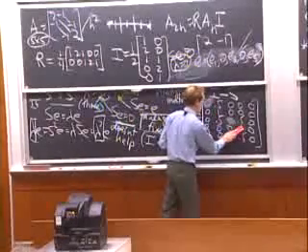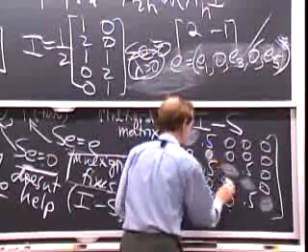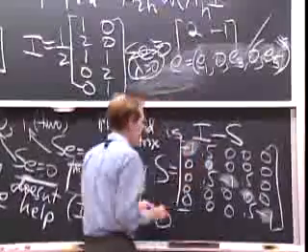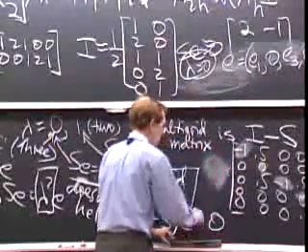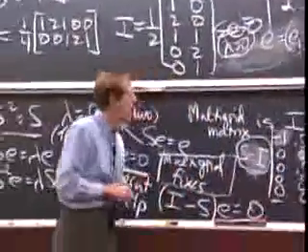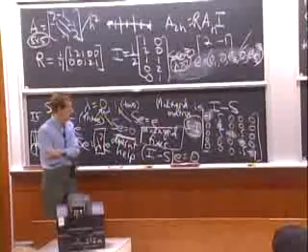When I subtract the identity, the 1s become 0s and the 0s become minus 1s, right? That's S minus I now. I'm looking for the null space of that now.